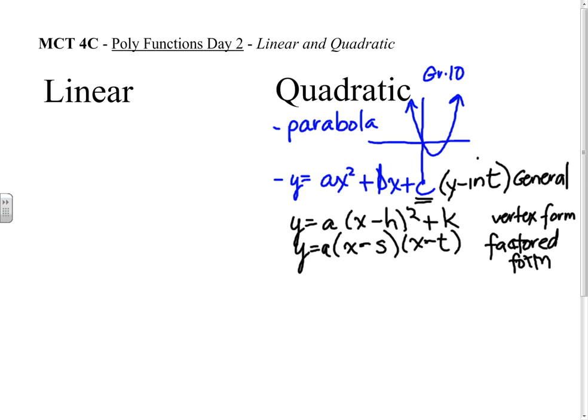For all three of those, if a is a negative number, then our parabola will open downwards. If a is a positive number, it opens upwards.